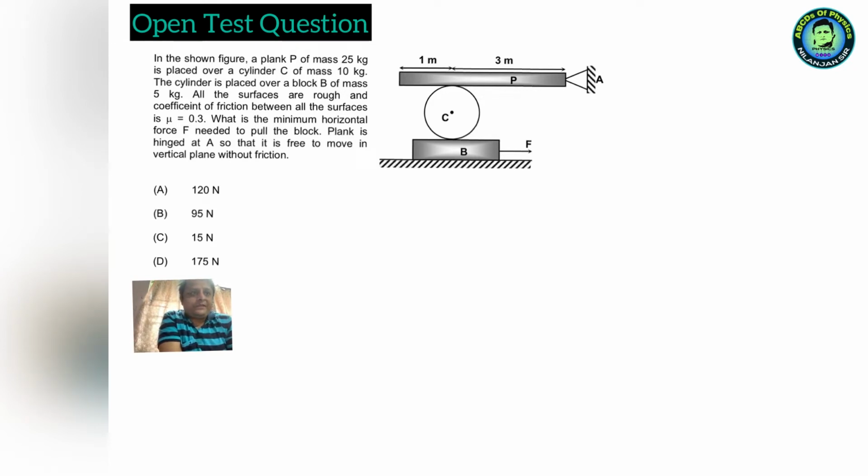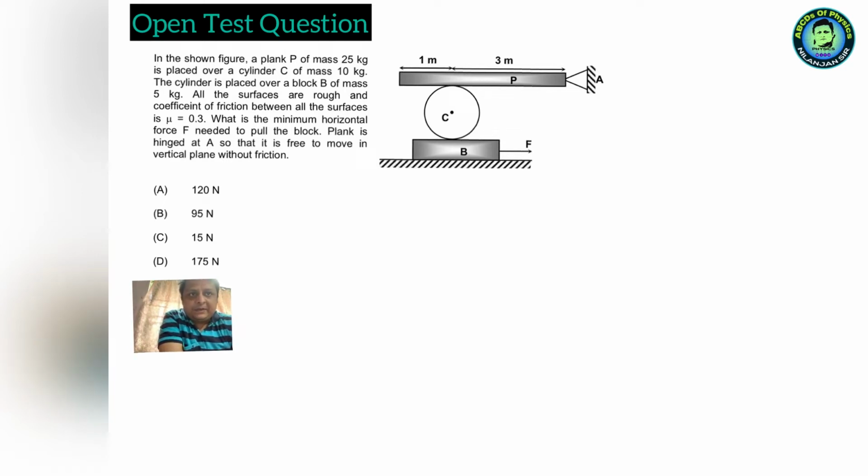See, in the shown figure, a plank P of mass 25 kg is placed over a cylinder C of mass 10 kg.